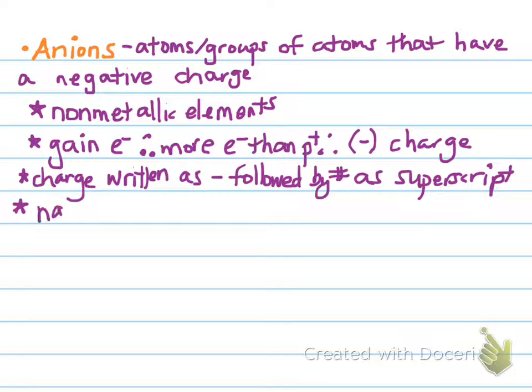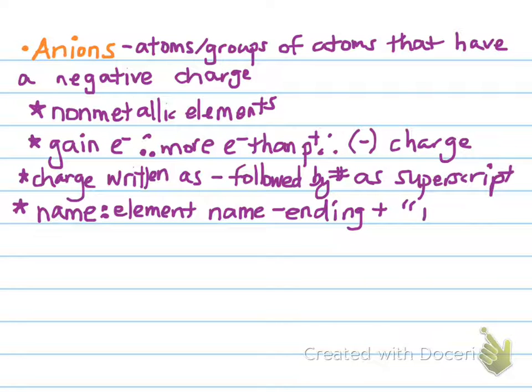And again, we have talked a little bit about how we name them. We saw this on one of our chem quests. To name anions, it is the element name minus its ending, and then you add "-ide".